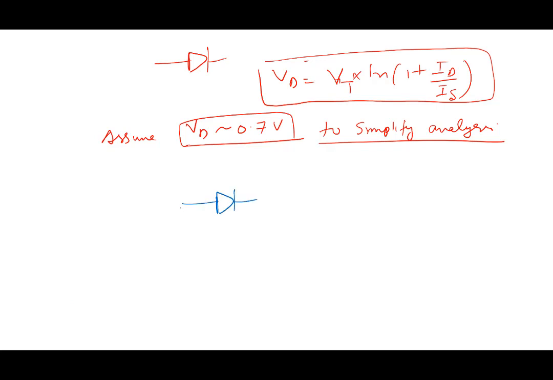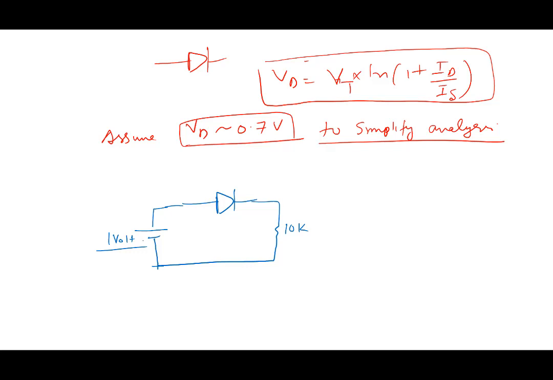Let's put here 1K, and let's put some resistor, 10K, and let me just put here 1 volt, right? Same diode, 1 volt.